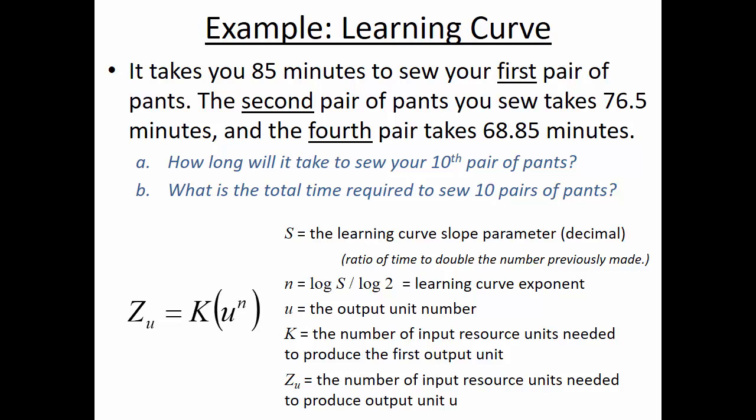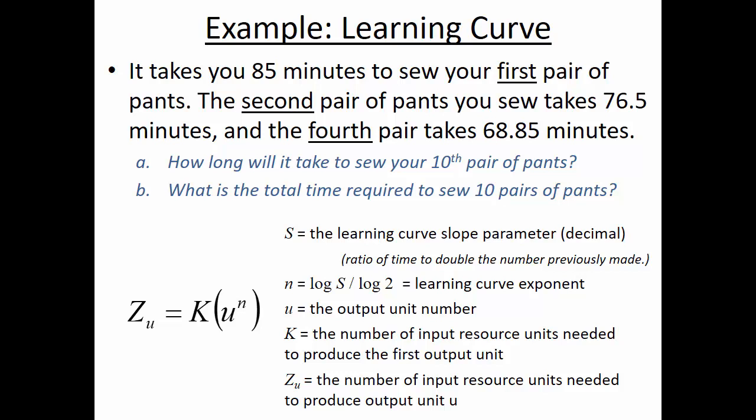And if we want to know for the 10th pair of pants, then that means u is 10. Because we want to know how much input, which is time, is required once you get to the 10th pair of pants. And so z sub 10 will be 85 minutes, which remember is the input required the first time, times 10 to the power of negative 0.1520.